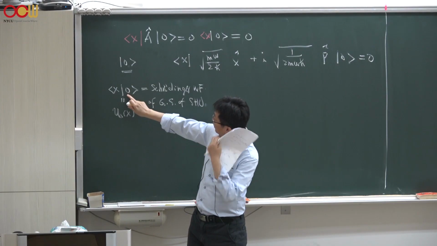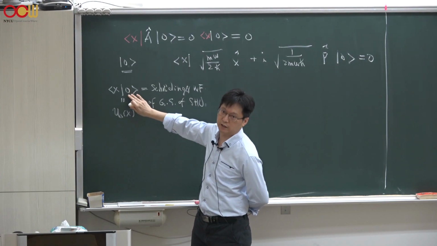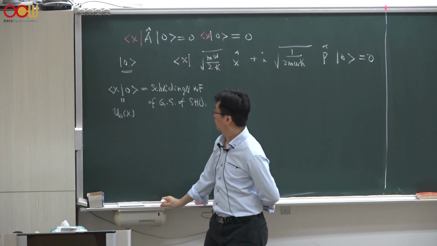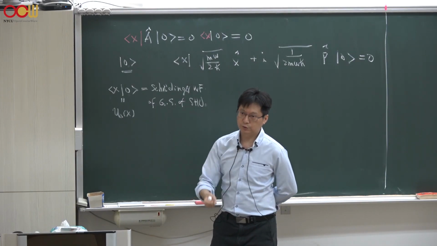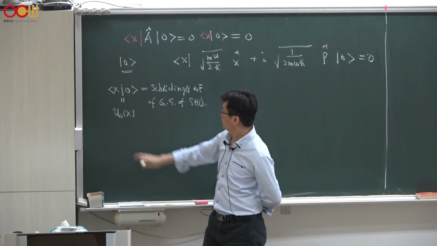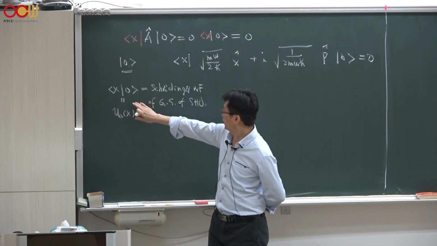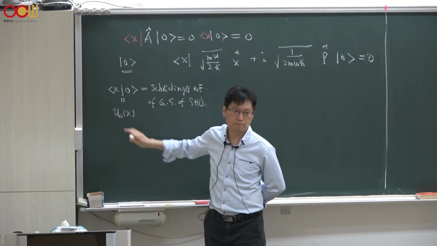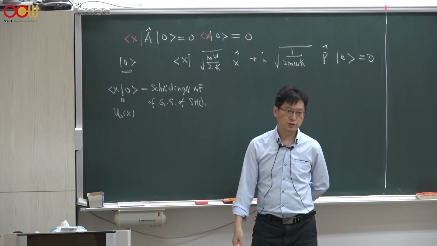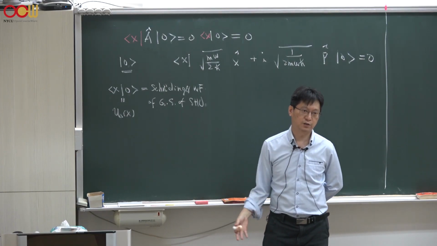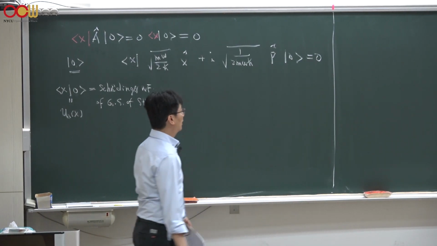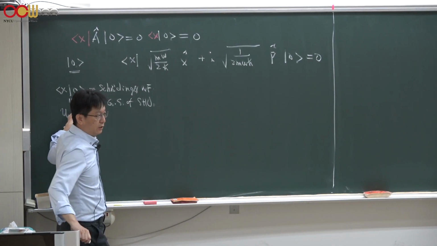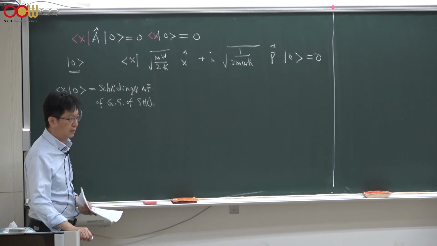When you project any Dirac state onto any complete set of eigenbases, you really want to read off the wave function in that eigenbasis. In this case, this is a wave function in the position eigenbasis, which is exactly what we call the Schrödinger wave function. So we get Schrödinger wave functions by projecting this Dirac state onto this position eigenbasis.